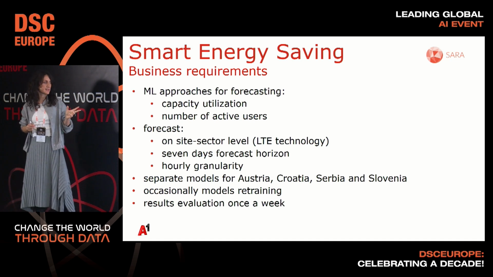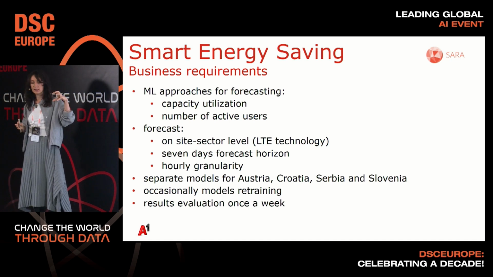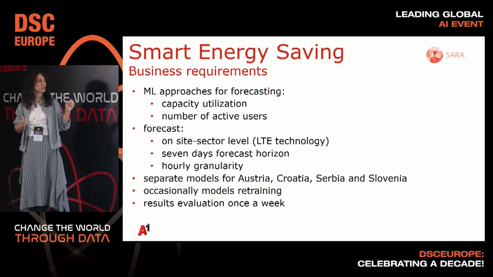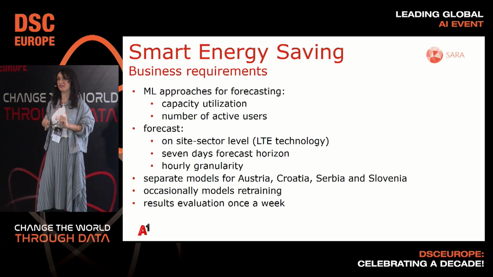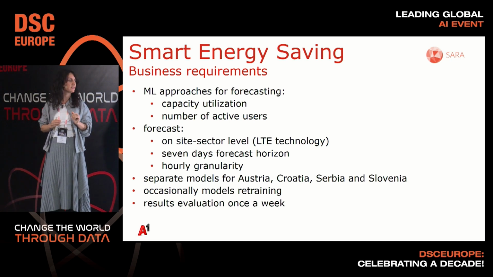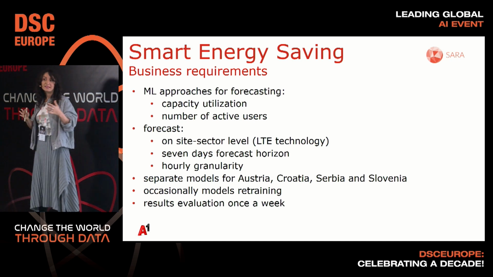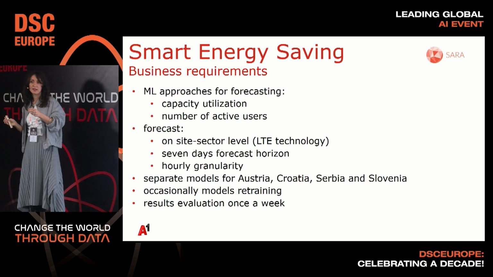And what is a site sector? Well, in telecommunications, we consider a site sector to be a coverage area which is typically served by 3 cells. This kind of LTE architecture is pretty convenient for adaptive power management. Why? Because during hours with low traffic demand, we can turn off 1 or 2 of these 3 cells.